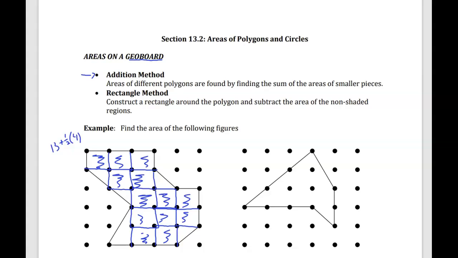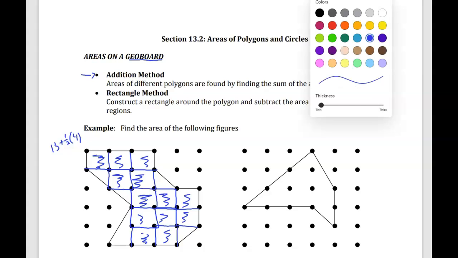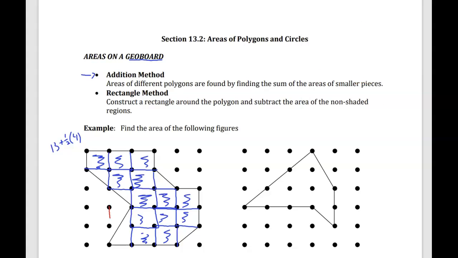And then notice that this one, I can't say that this is half of a square, but I can say that this is half of 2 squares, because notice if I look at this one, I can draw 2 squares and cut it in half. Okay, so this right here is half of 2. So this right here actually makes up a total of 1, or 1/2 of 2 squares.